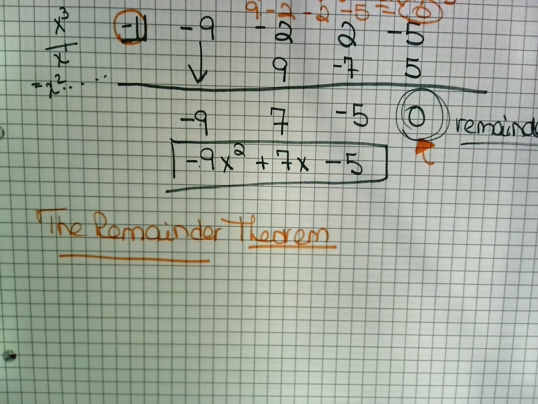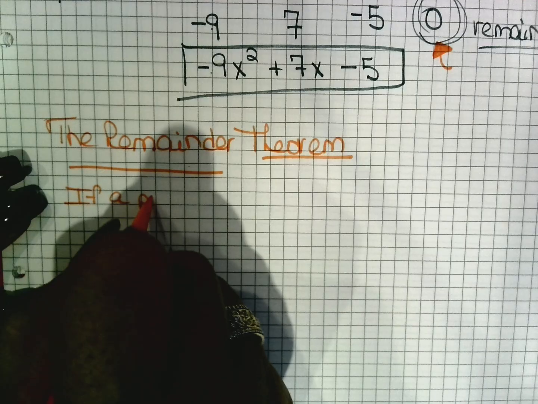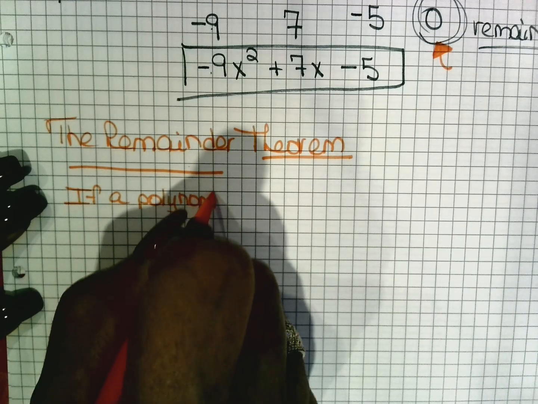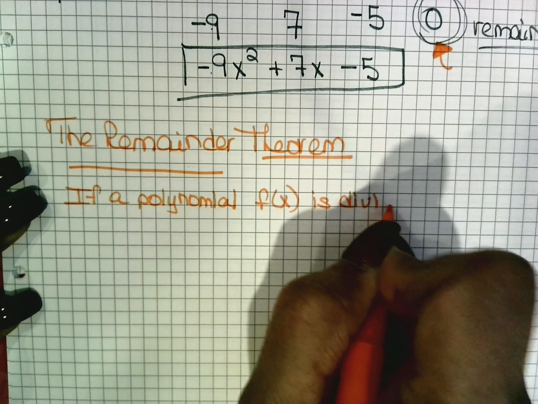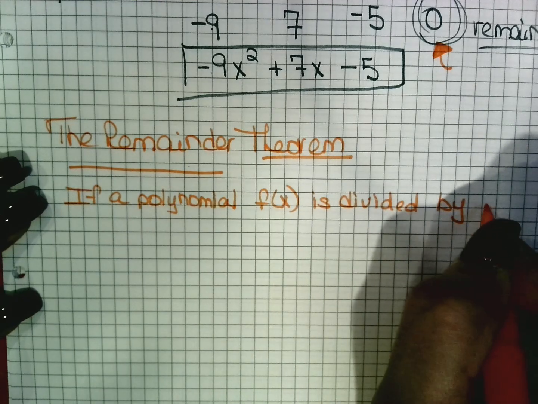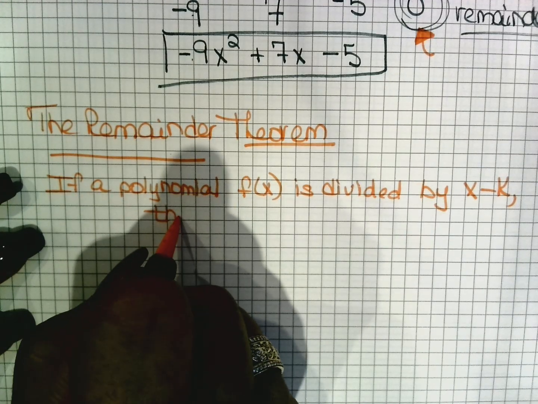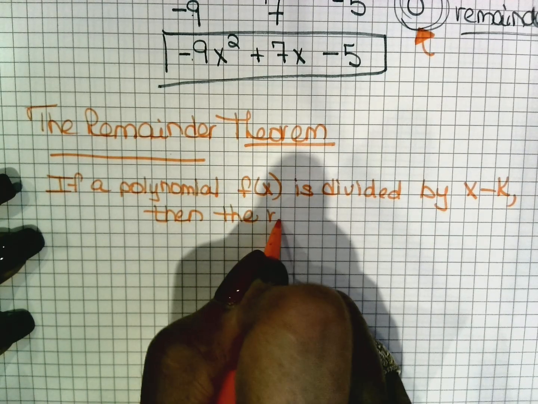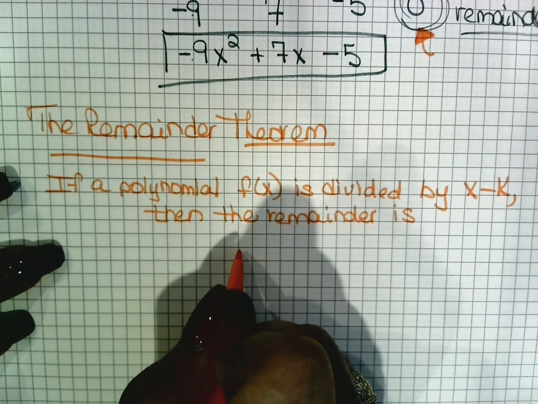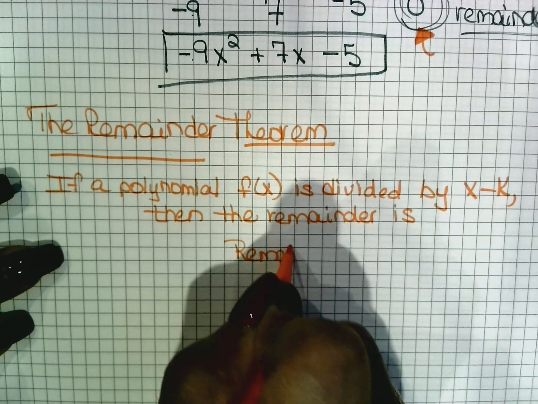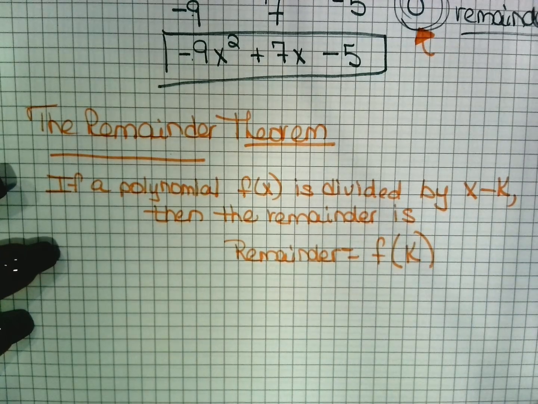So let me just write it out. If a polynomial f of x is divided by x minus k, then the remainder is actually the function evaluated at k.